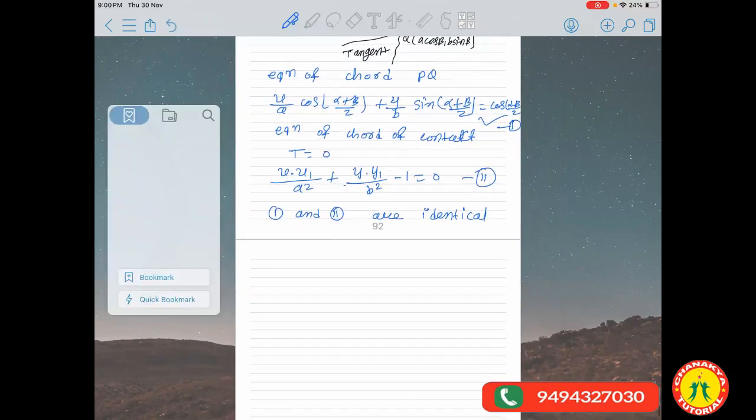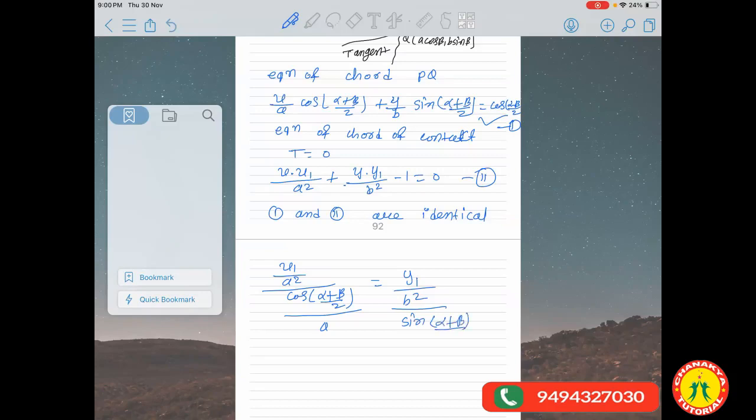So now we can write x1 by a square upon cos alpha plus beta by 2 upon a, right, equal to y1 upon b square upon sin alpha plus beta by 2 upon b, is equal to minus 1 upon cos alpha minus beta by 2.